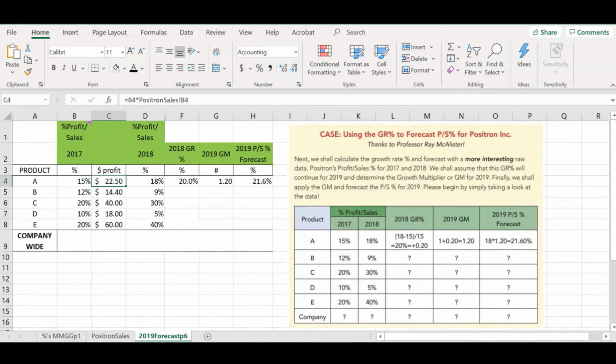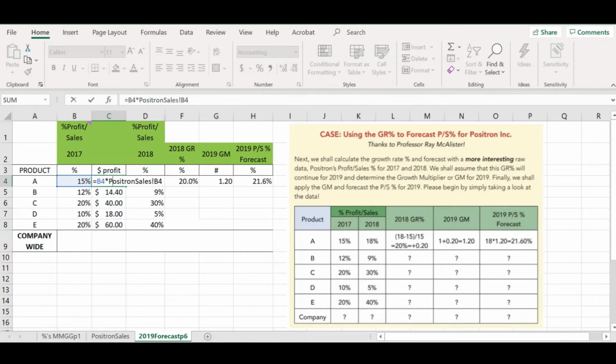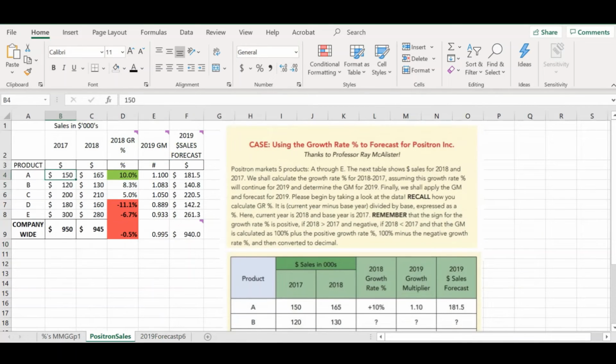So what I did, and many of you already know this, I simply took B4, which is product A's percent profit from sales, and multiplied it times this number on my spreadsheet.